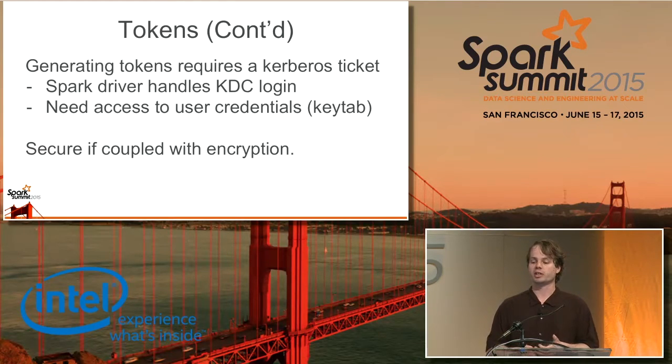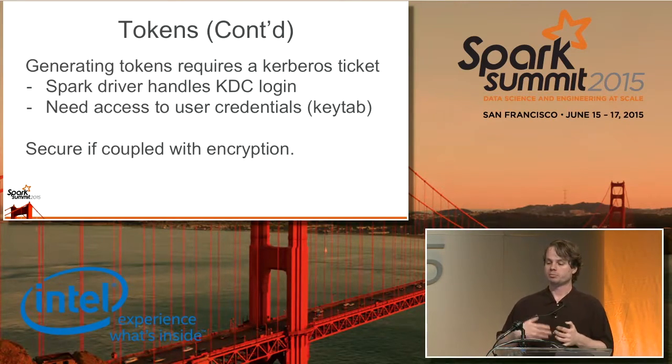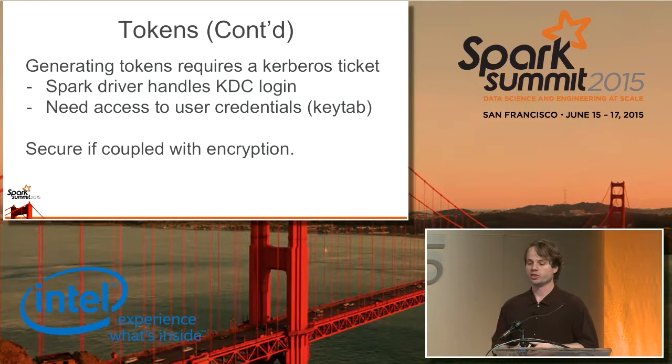But the support was added in 1.4, and you can distribute the user's keytab in Yarn cluster mode, and it will take care of regenerating delegation tokens every once in a while, redistributing them, and so enabling long-lived applications in secure Yarn mode.